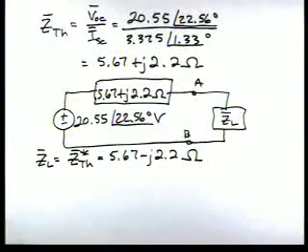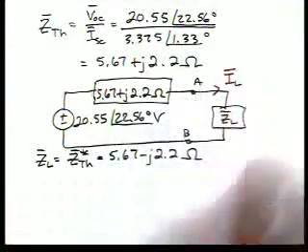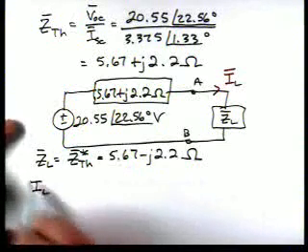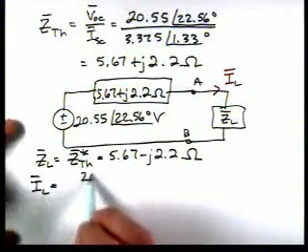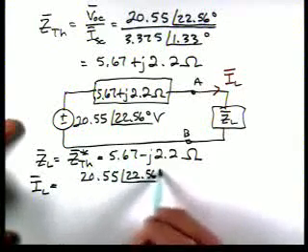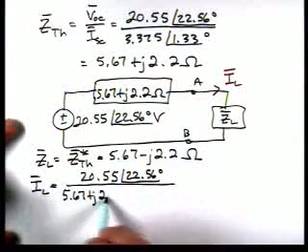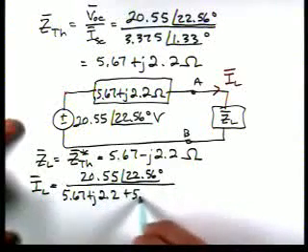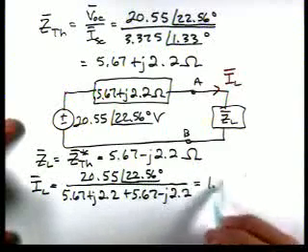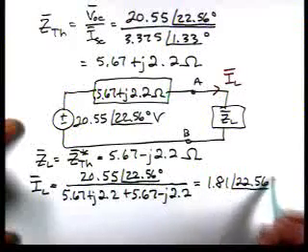Now let's calculate a current IL. IL now is 20.55 at an angle of 22.56 divided by 5.67 plus J 2.2 plus 5.67 minus J 2.2, which is 1.81 at an angle of 22.56 degrees.